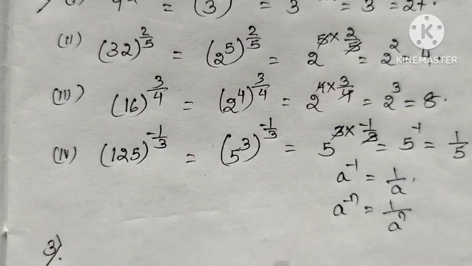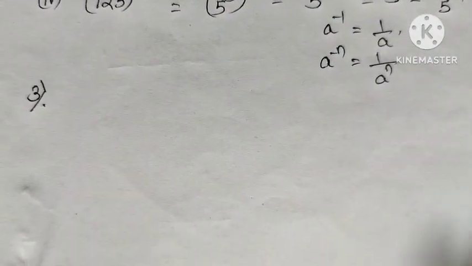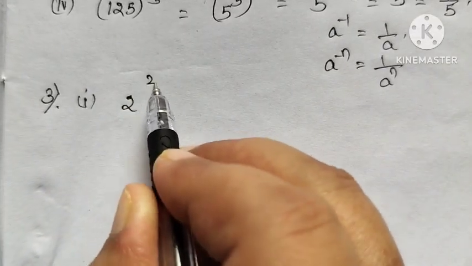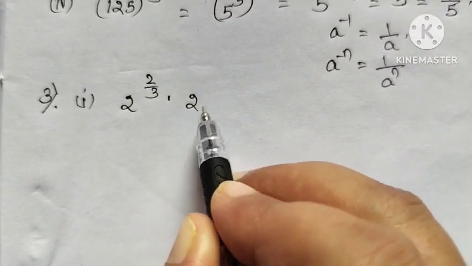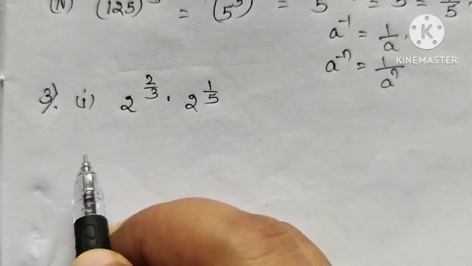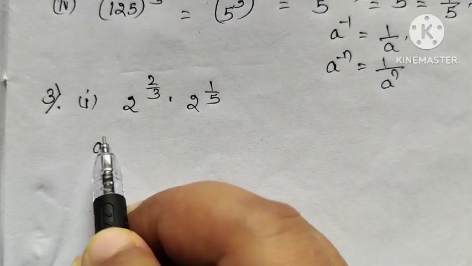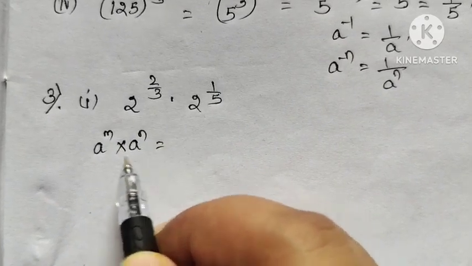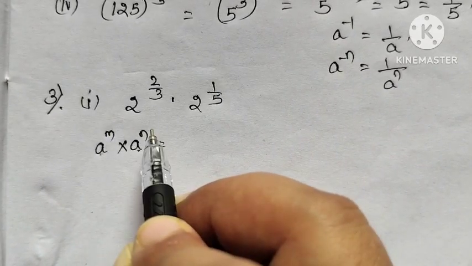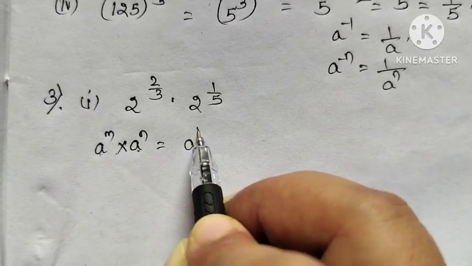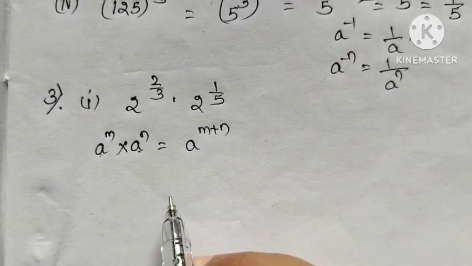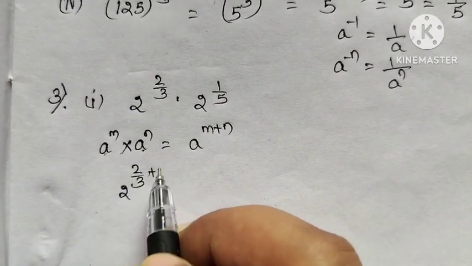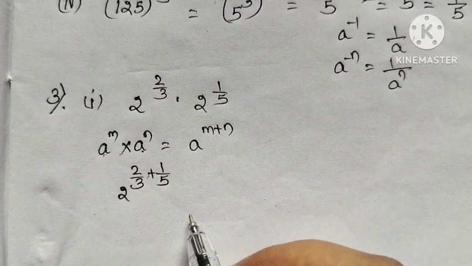This one is the answers for the 2 numbers. The next is the third number. It is given: simplify. You solve it out. Simplify 2 to the power 2 by 3 into 2 to the power 1 by 5. Which formula do you have to apply? A to the power m into a to the power n. The bases are the same, the powers are different, multiplication: a to the power m plus n. Then 2 to the power 2 by 3 plus 1 by 5.